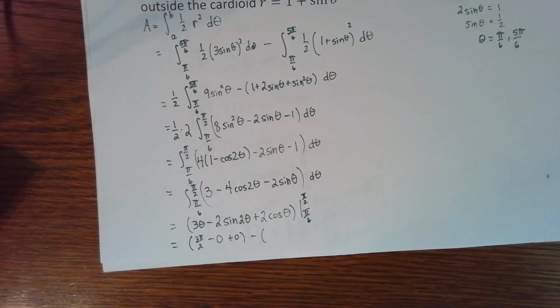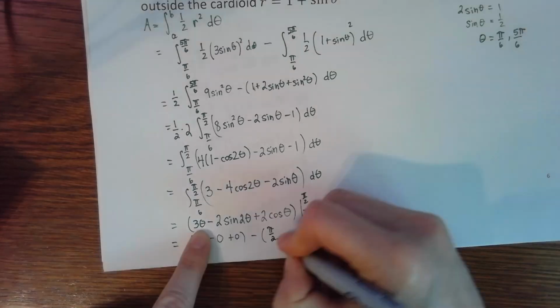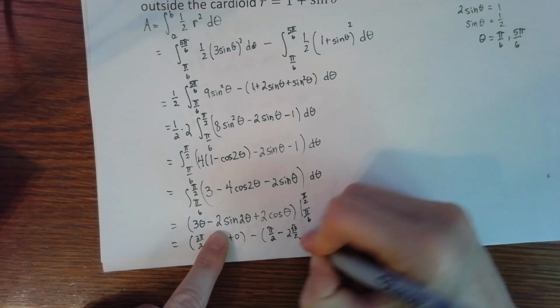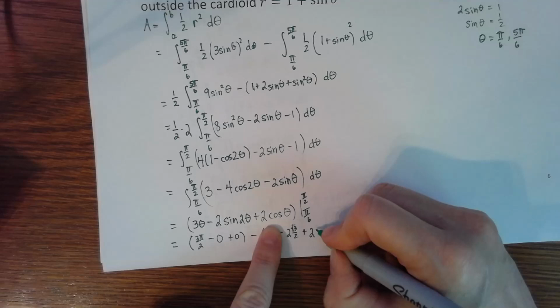And then when we put pi over 6, we're going to get 3 pi over 6 is pi over 2. And then minus 2 times the sine of pi over 3. The sine of pi over 3 is square root of 3 over 2. And then plus 2 times the cosine of pi over 6. The cosine of pi over 6 is square root of 3 over 2.